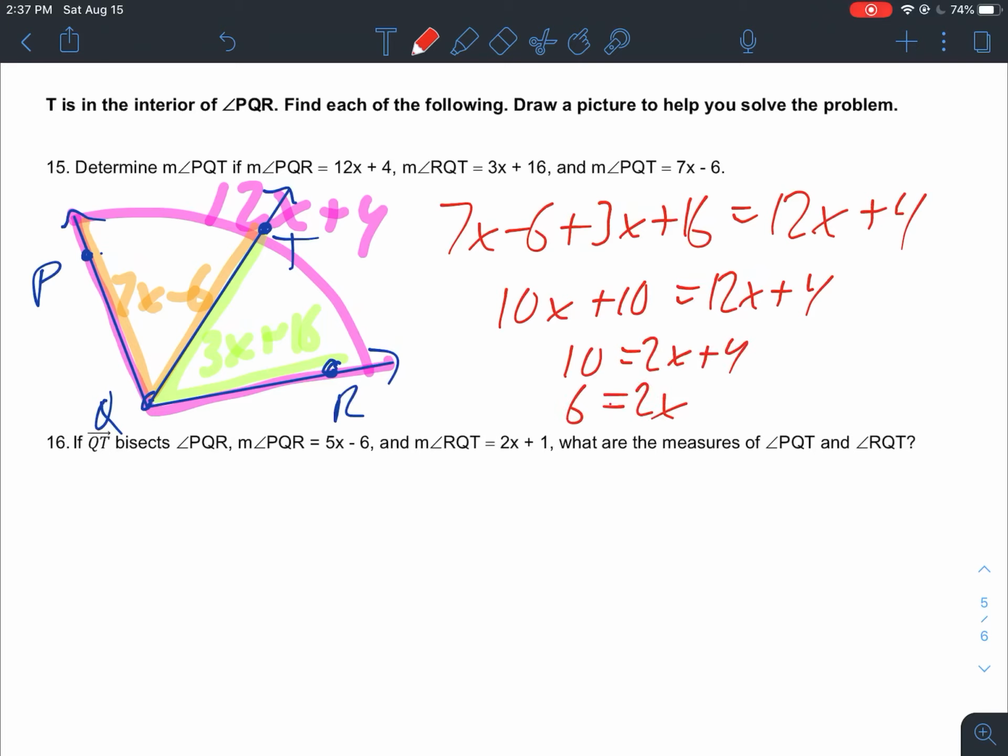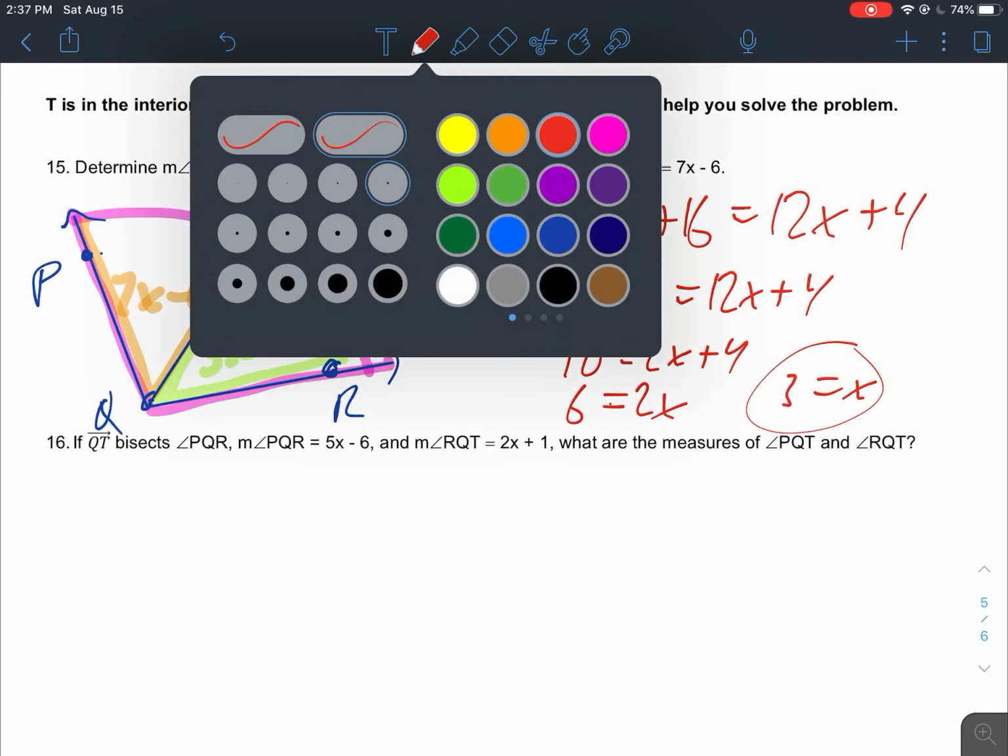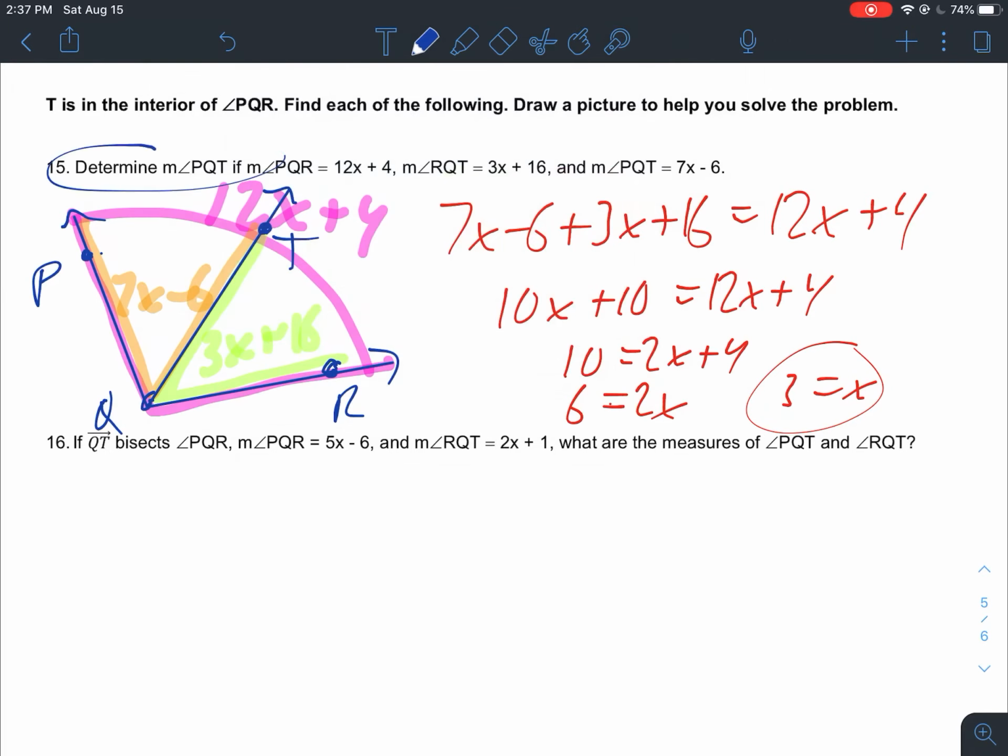Subtract 4. Divide by 2. And again, just like previous sections here, x is usually not our answer. We are being told to find measure of PQT. So put 3 back into there. We get 7 times 3 minus 6, which is 15.